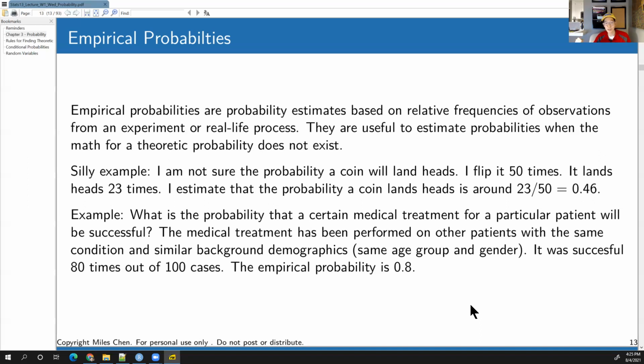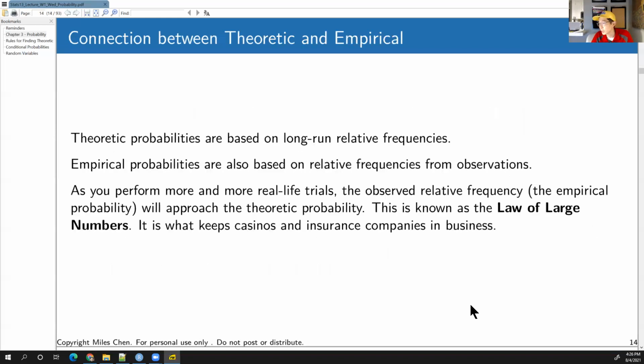And those things could play a factor in the outcomes of the patients. So when you use empirical probabilities based on real life data, we want to be aware of whether the sample of people we're looking at is representative of the group that we're trying to generalize to. And if it's not representative, we just have to be careful, right?